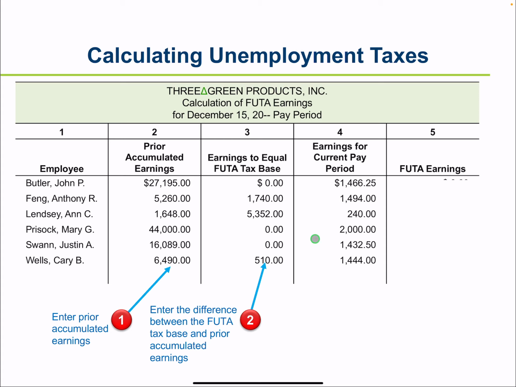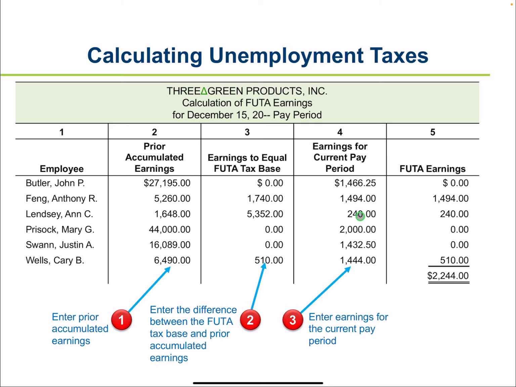This is the earnings for the current period. They went through the pay period, and this is how much money they made this pay period. The last part is the FUTA earnings. Of this pay period, this one, 0 is taxable because they've reached the tax base. The whole amount here is taxable because they still need $1,740 before they reach $7,000. This lady here, Anne, earned $240.